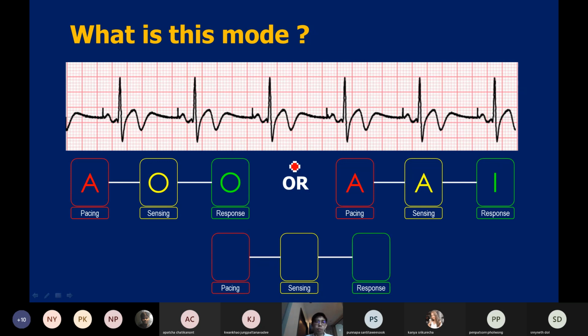Another mode that it could be, can anyone answer me? You see this QRS complex. You don't know if it is V sensing or not. It could be, because there is an RV lead also, it could be V sensing. Or if there is no RV lead at all, it could be AOO or AAI.